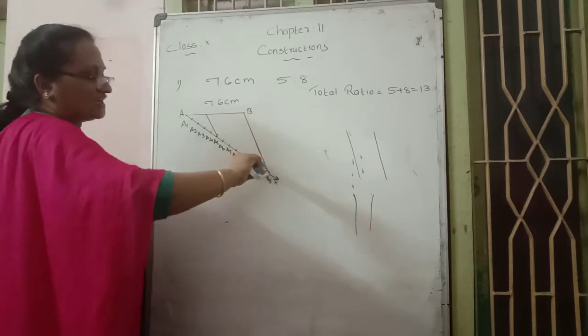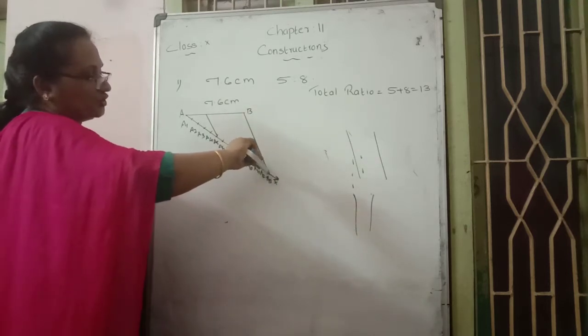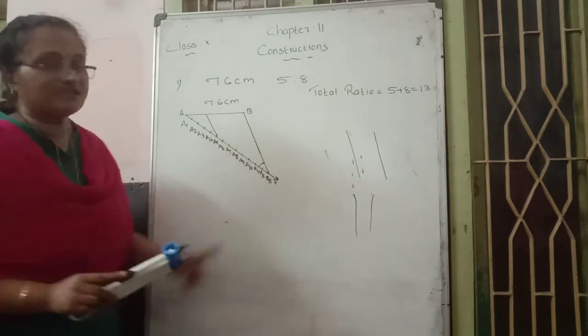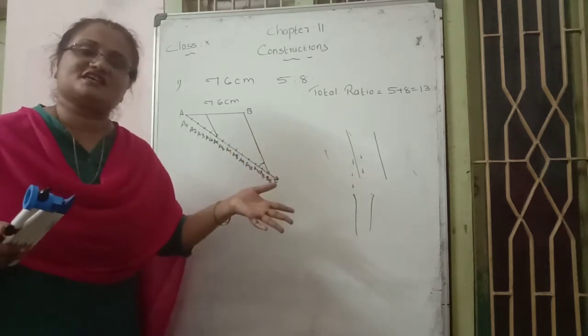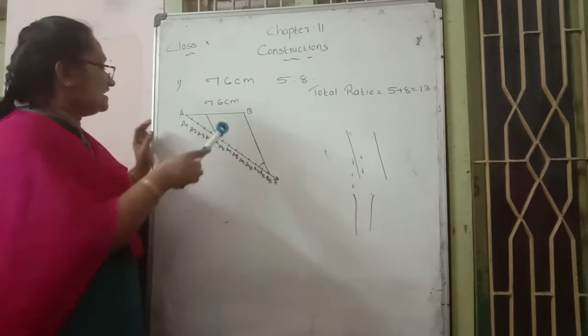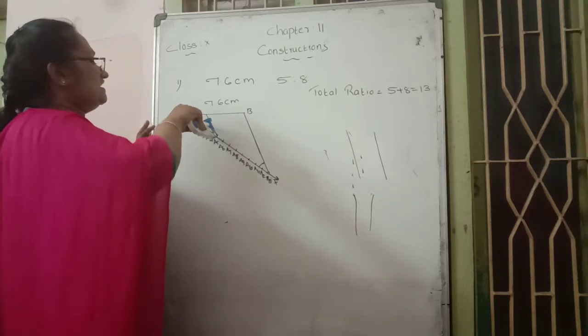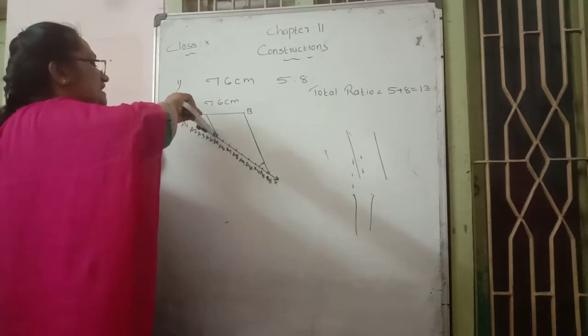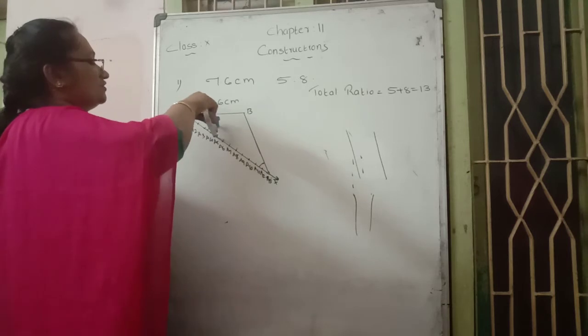Keep the compass on A13 and draw an arc with no particular measurement. Then, with A5 as center, draw the same arc.